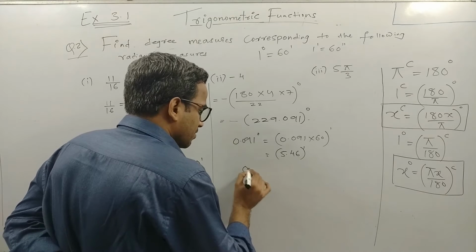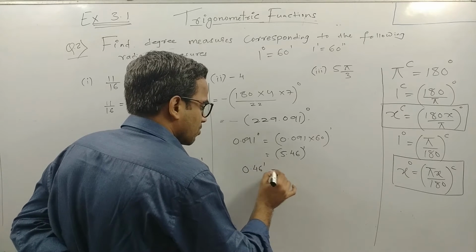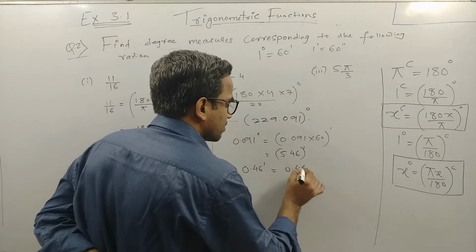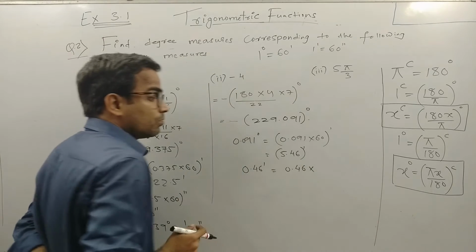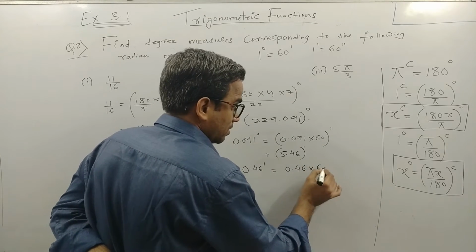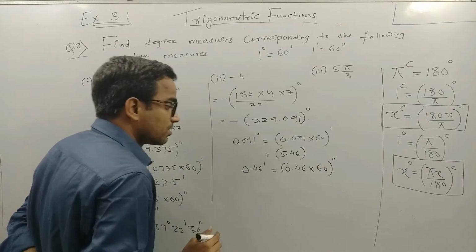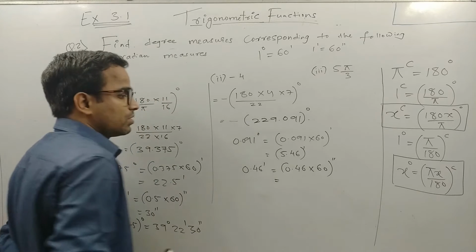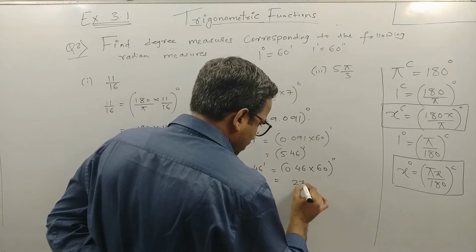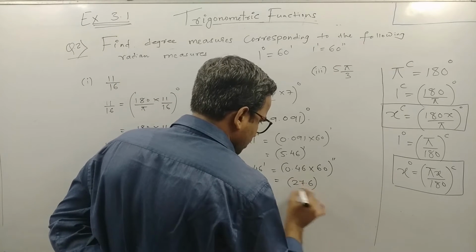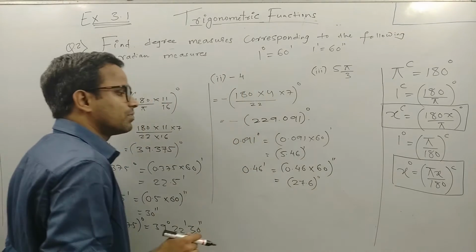And if you simplify this decimal 0.46 minutes, what we will get is 0.46 into 60 seconds, right? So minutes to seconds. So this comes out to be 27.6 seconds. So we can skip the decimal part of the second.